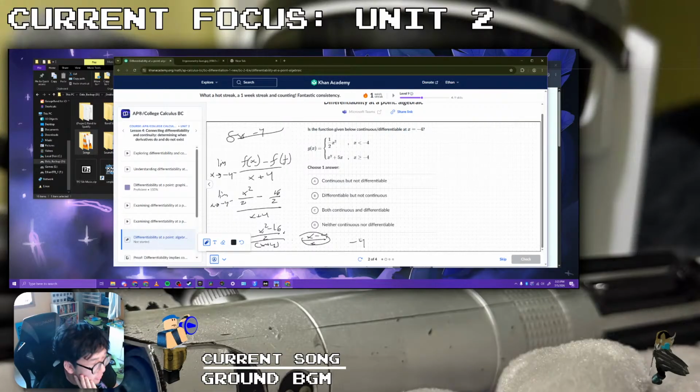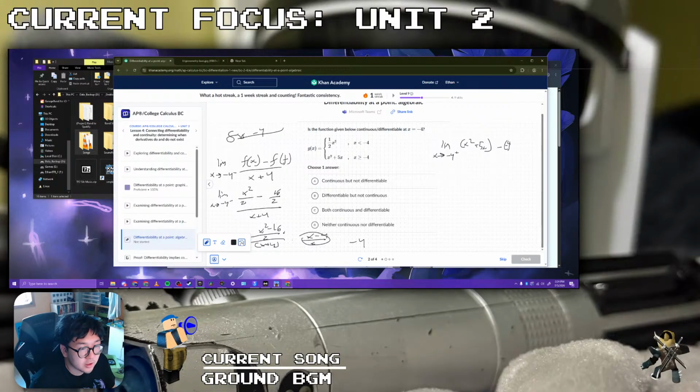It's going to be -4. So -4 on this side. Now let's check this side. Yeah, let's just fill in the number. I can do it in my head. If it's -4, it's going to be 16 minus 20, so -4.